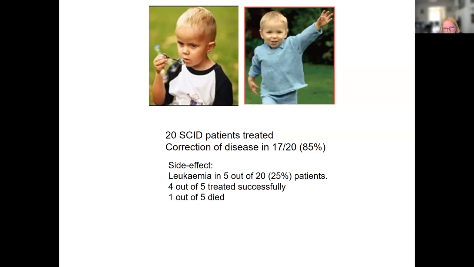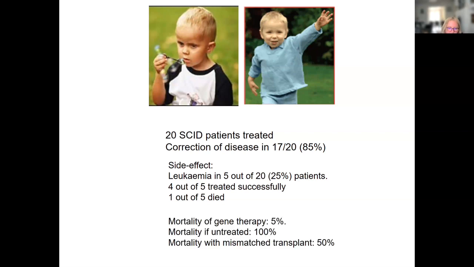But sadly, 1 out of the 5 children died due to side effects of the leukemia. When this happened, it was a big blow to the field of gene therapy, because all of a sudden everybody got very scared of gene therapy, and a lot of clinical trials at the time were stopped.